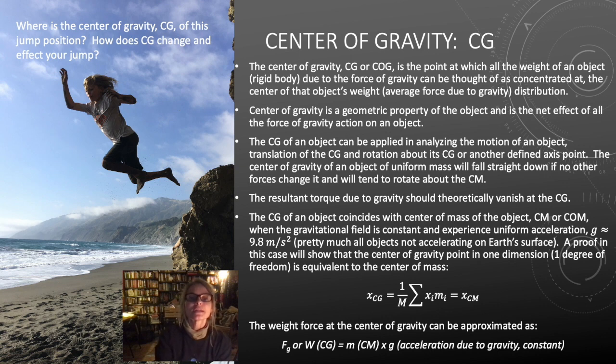So in general, we could say the force of gravity, or the weight at the center of gravity point, is going to be the mass, the center of mass value, times the acceleration due to gravity. So for us on Earth, that's about 9.8 meters per second squared.